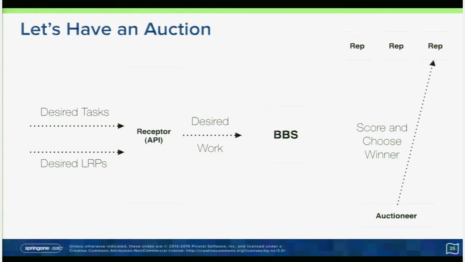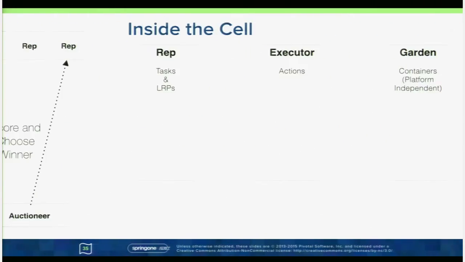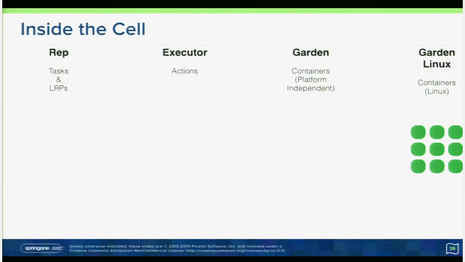And the way it happens, if you drill down into the cell, you've got 4 more basic components. So the rep knows about tasks and long-running processes. I know how to run the things that the API tells me about. But we know that the JSON that I pass into the API isn't the actual work that gets run. We know if we drill down into that JSON, we find some actions.